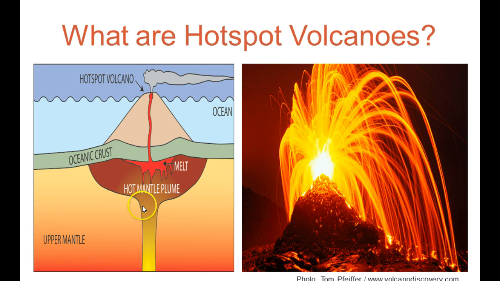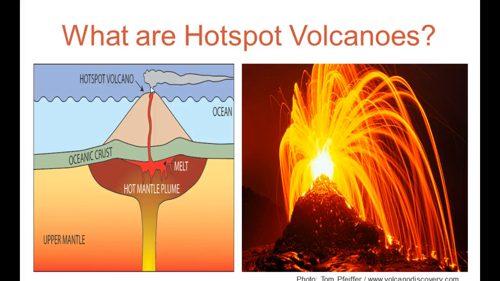So you see that mantle plume right here. We're going to talk about that here in a second. And you can see now that this is where the melt or the magma's at. And this is now how it erupts to the surface. Now, hotspots are in the middle of tectonic plates.